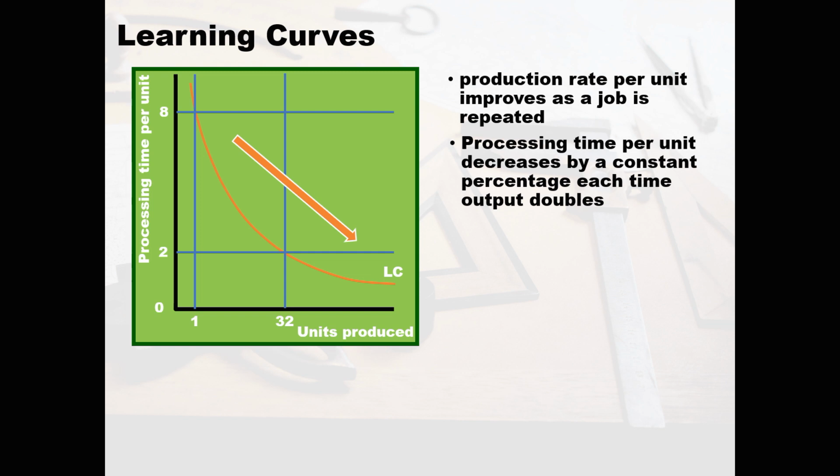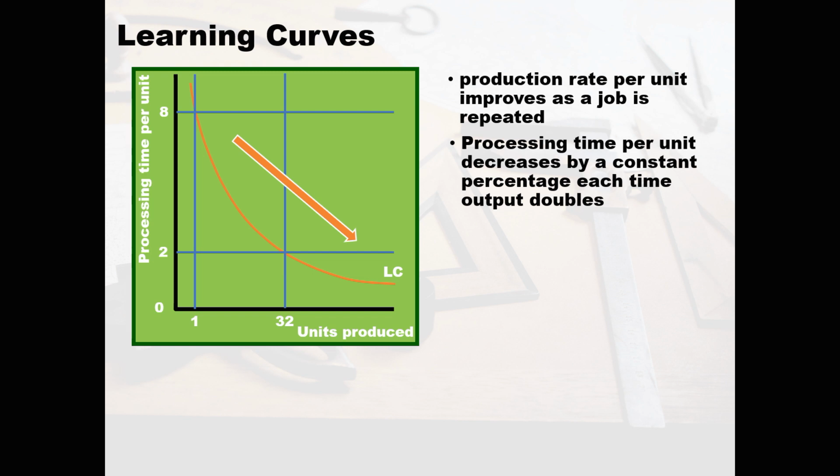So what this learning curve is telling us is that between unit 1 and unit 32, our processing time has dropped from 8 days down to 2 days. Now this would be a good size product.